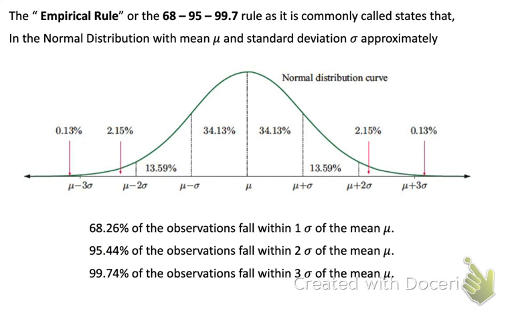Here's the empirical rule that I referenced from that first slide. For normal distributions, we use the 68, 95, and 99.7% rule.